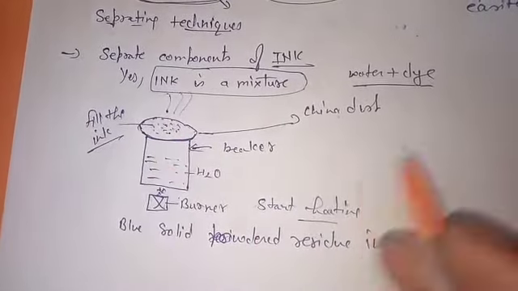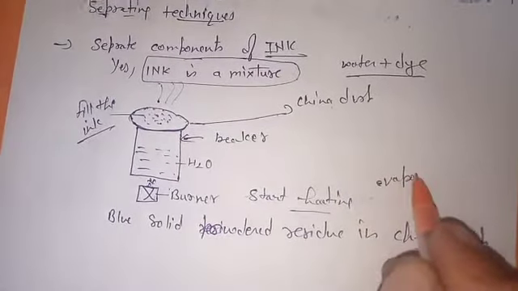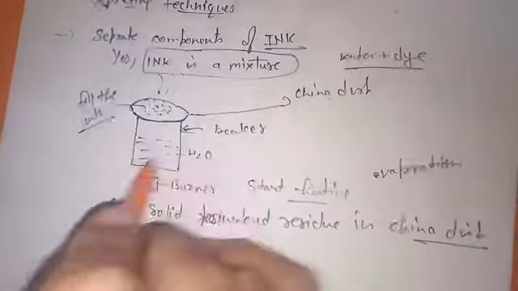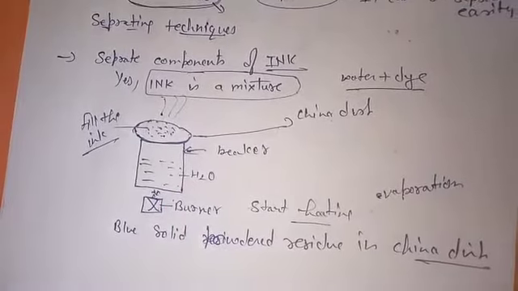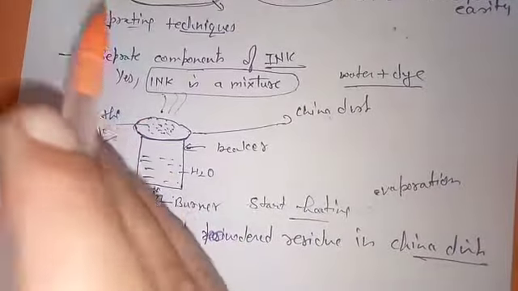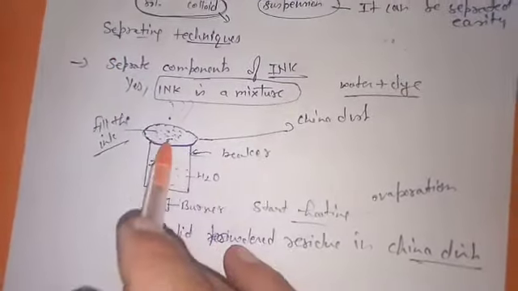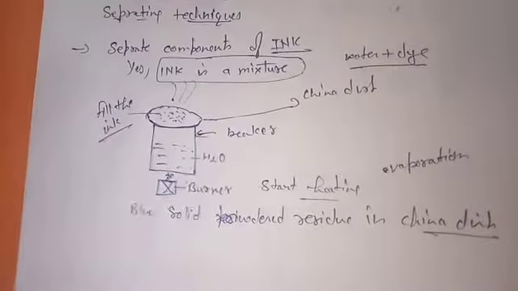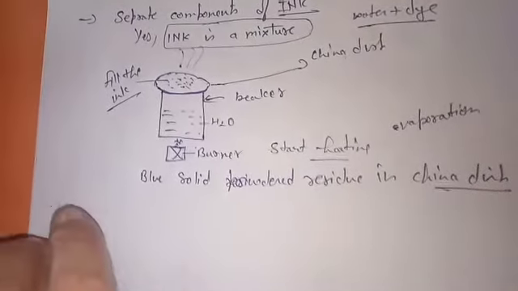We did this process by evaporation, not by vaporization. Vaporization is when we heat directly, but in this case we are heating indirectly, so evaporation takes place. The water gets vaporized into the gaseous state, leaving the solid component mixed in the ink. So this is the first separating technique.